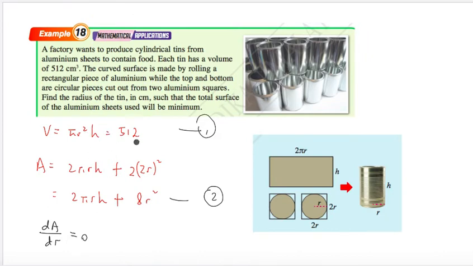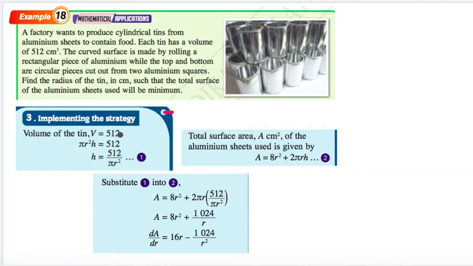From number 1, you can form h equals what, and then substitute inside here, so no more h. Therefore, v equals 512, so pi r square h equals 512, h equals 512 over pi r square. You substitute the h inside the A, so that here no more h, and the pi cancels. So A equals 8r square plus 1024 over r. Therefore, here only A and r.